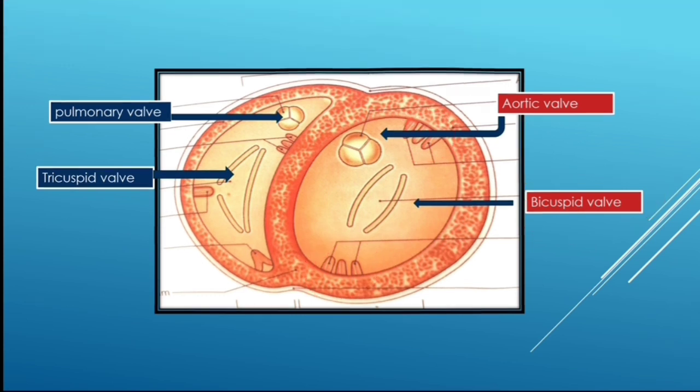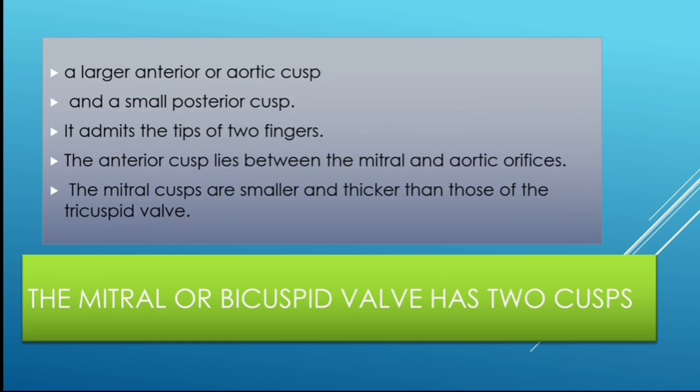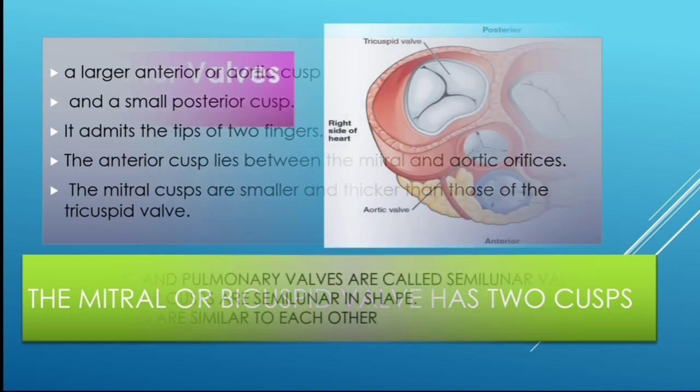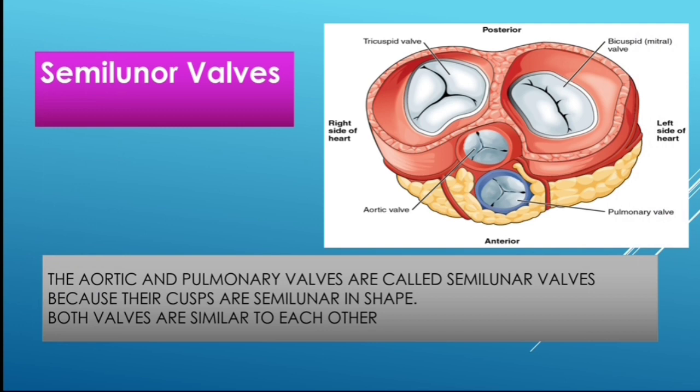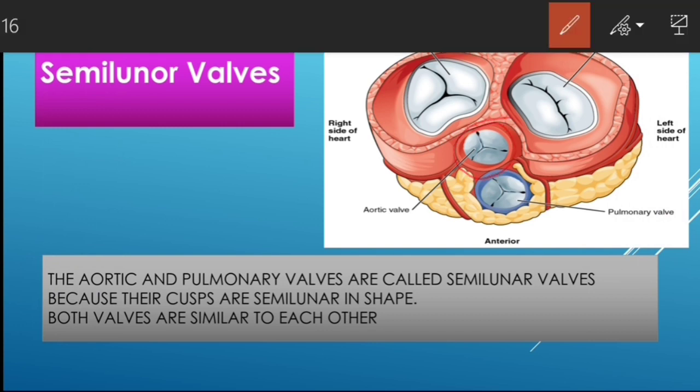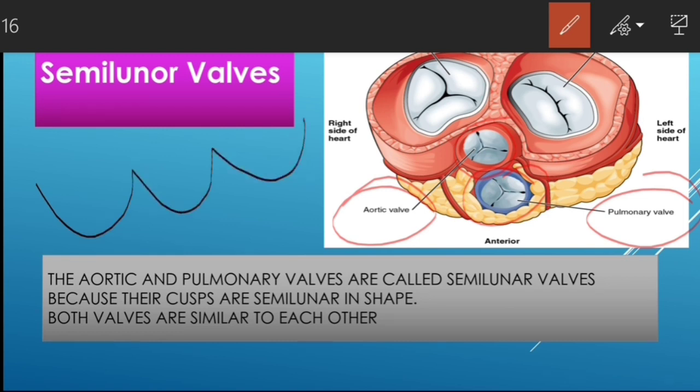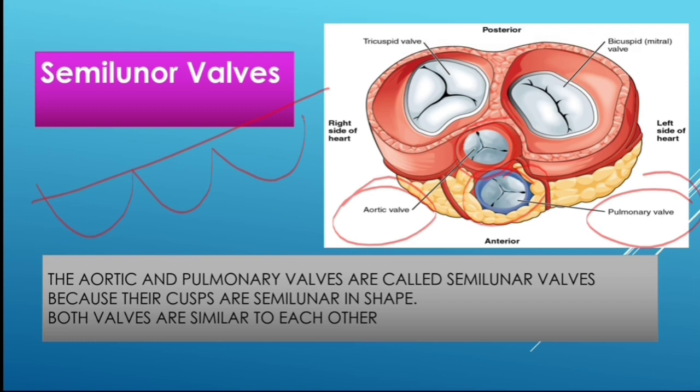Now, the semilunar valve. The aortic and pulmonary valves are called semilunar valves. So this is the semilunar valve. The aortic valve and pulmonary valve are similar to each other, and semilunar in shape, semi half-moon like. Okay, this type of structure is known as a semilunar valve.